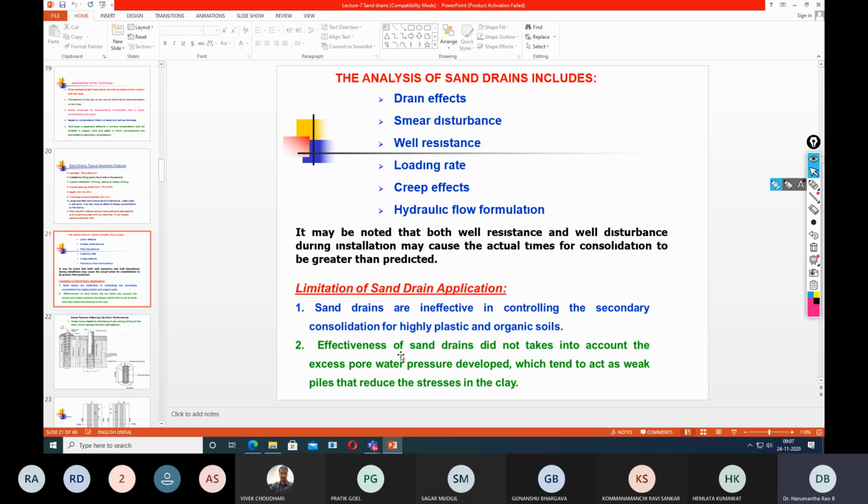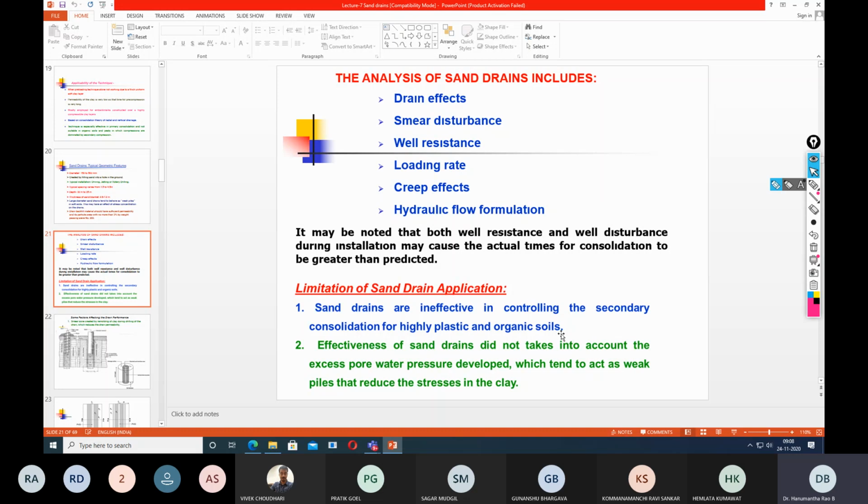These are some limitations of the sand drain technology. Sand drains are ineffective in controlling the secondary consolidation for highly plastic and inorganic soil. I also explained the reason why. Primary consolidation is basically attributed to expulsion of water from the pore voids, while secondary consolidation is attributed to expulsion of water within the diffuse double layer.